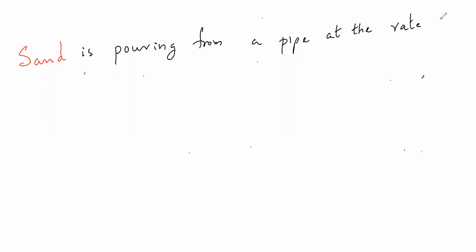Sand is pouring from a pipe at the rate of 12 centimeter cube per second. Write the question also, guys, for this at least.